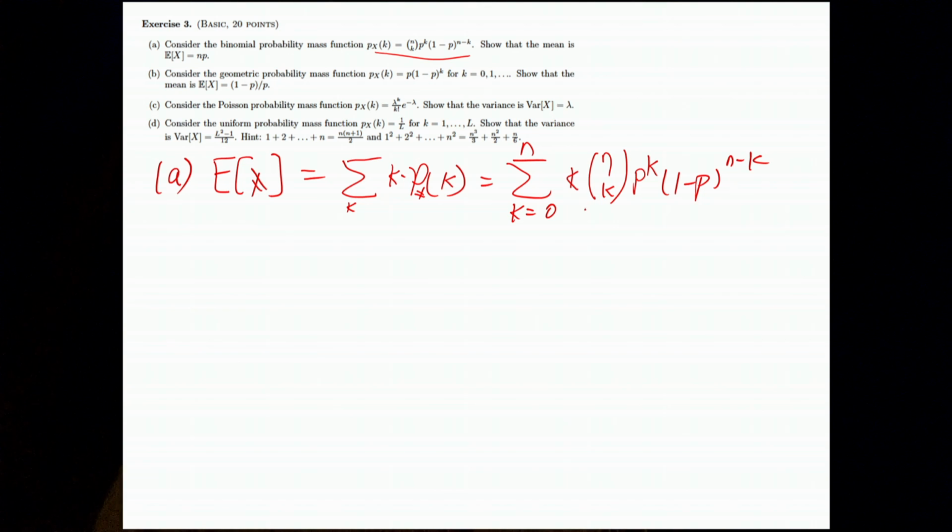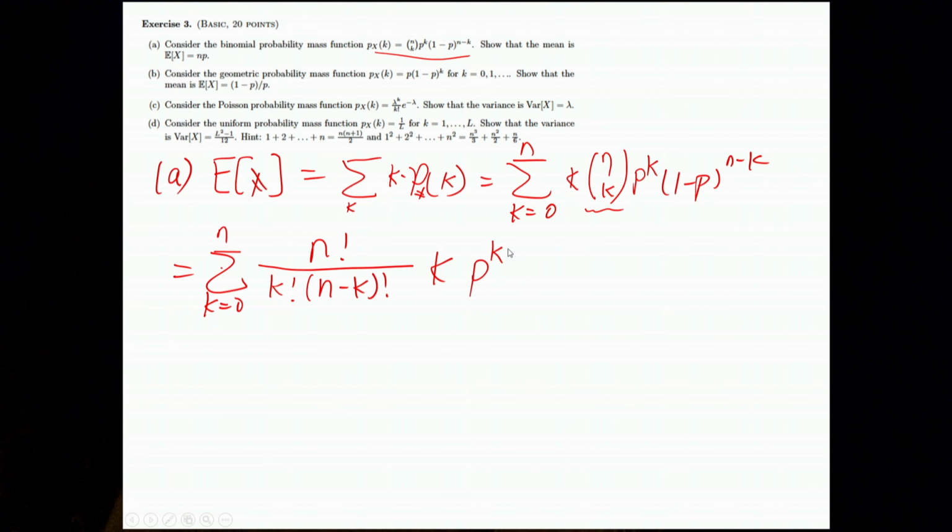Here we expand the n choose k. So it's still a summation, k equals 0 to n. So it's n factorial divided by k factorial times n minus k factorial, times the probability p to the k times 1 minus p to the n minus k.